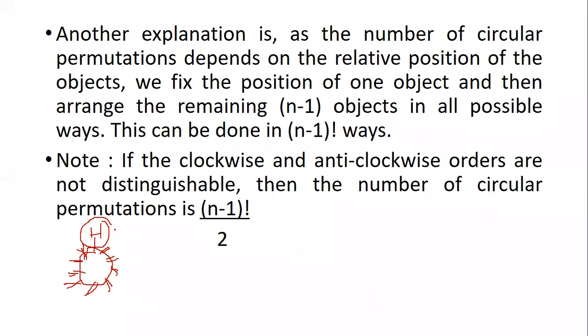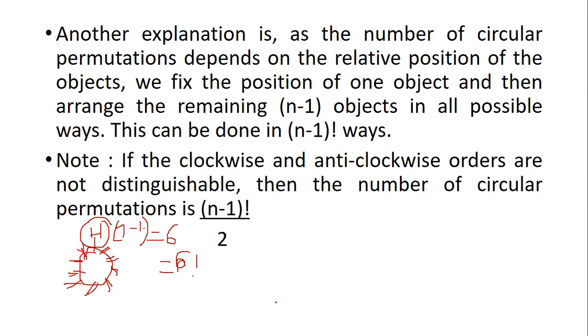Suppose you have 7 people sitting at the dining table. I will fix one person, which means now I have 7 minus 1, because 1 is fixed. How many more persons do I have to arrange? 6 more persons. When I have to arrange 6 more persons, I can arrange them in n minus 1 factorial ways, that is nothing but 6 factorial ways.